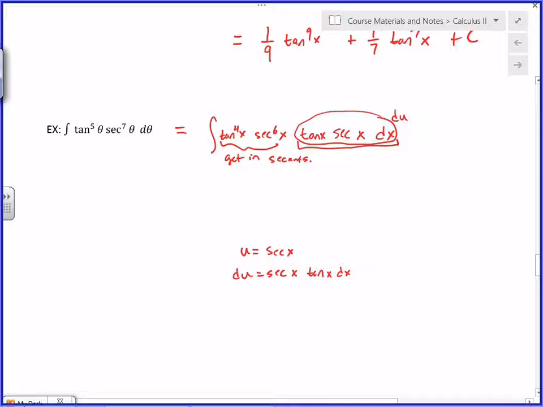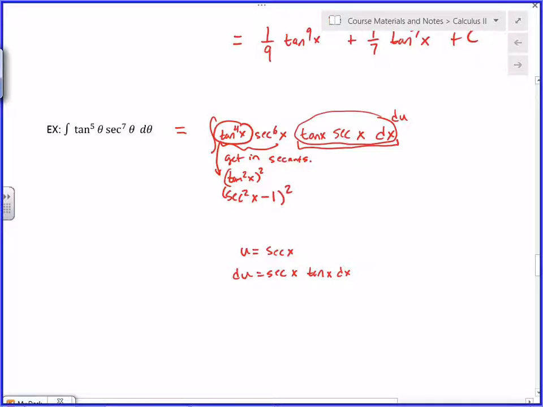So I'm going to use, the secant to the 6th is fine. I need to use this guy, so you split it. I'd call that tangent squared of x, squared. And then you do secant squared x minus 1, squared.